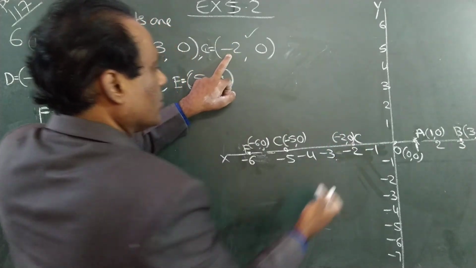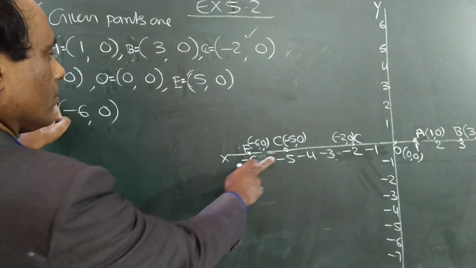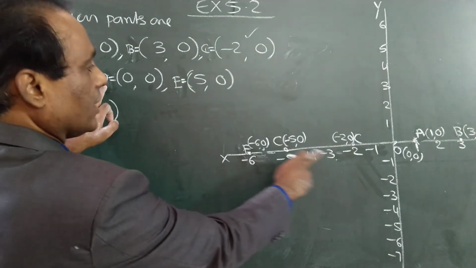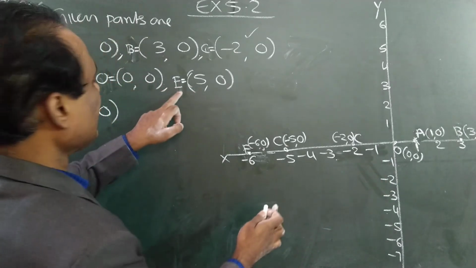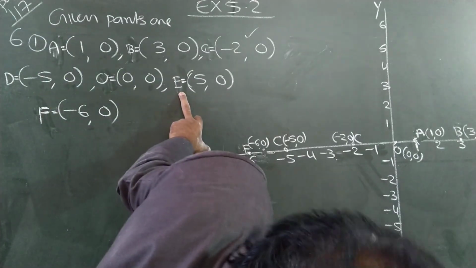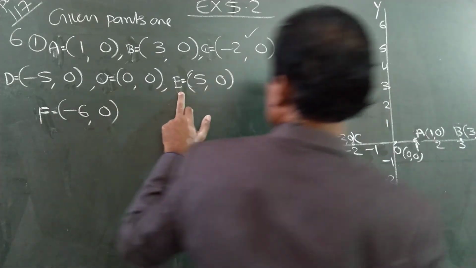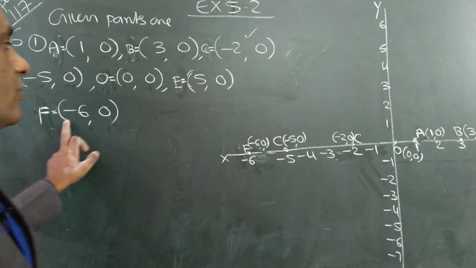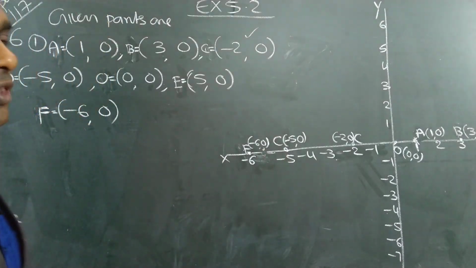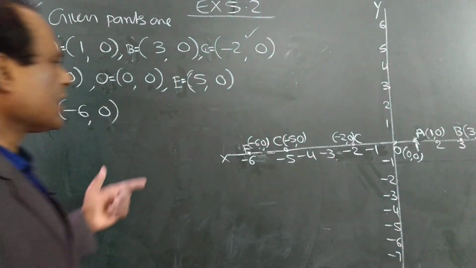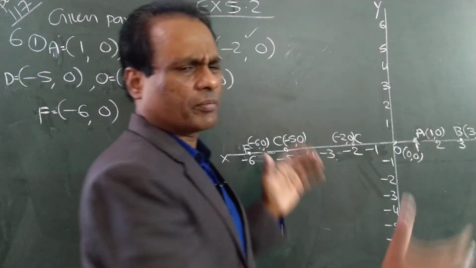And D is minus 5, 0. O is 0, 0. E is 5, 0. And F is minus 6, 0. Okay. After plotting all these points, take a bigger paper.